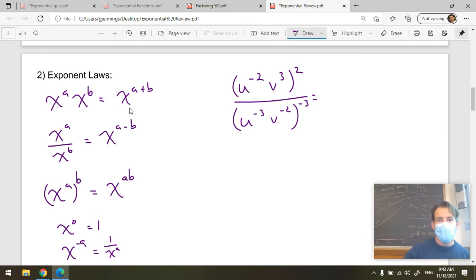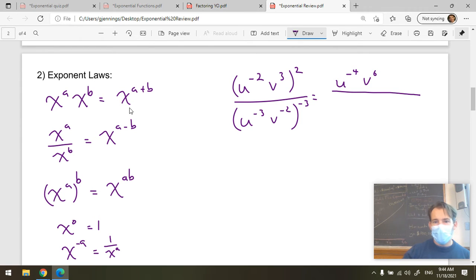So first thing that I'm going to do, I have to do these outer exponents first, because BEDMAS, exponents first, and then you can go inside. So I'm going to raise these all to the power 2. So then I'm multiplying the powers. So this is u to the negative 4, v to the 6, divided by, I can multiply powers here too.